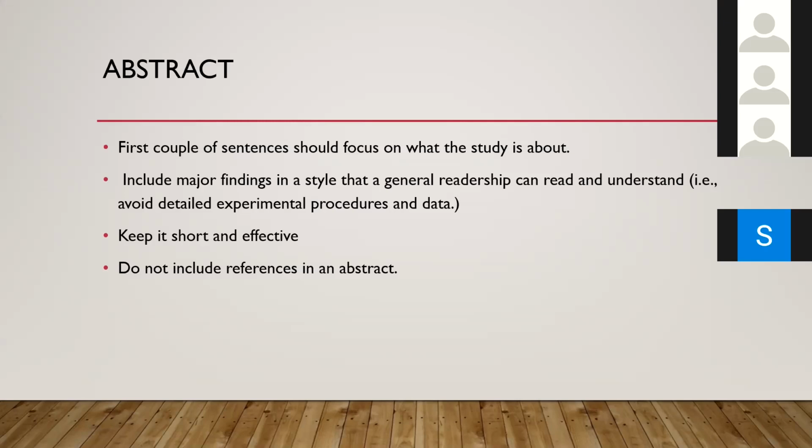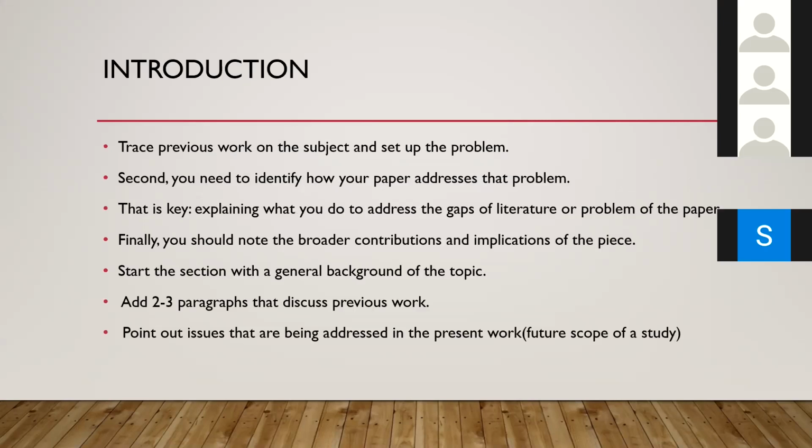Many of us think that whatever we are saying, we have to say with reference. Agreed, but not in the abstract. Strict no to references in abstract. No in-text references in abstract. The same thing you saw just now in the paper also. Okay, major findings to be listed, all that we have done.